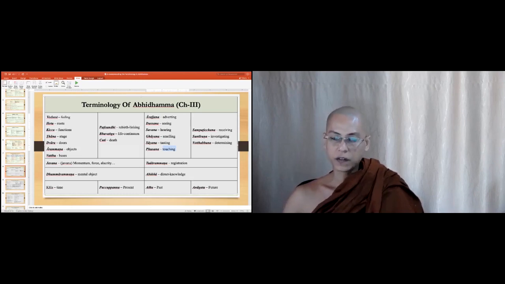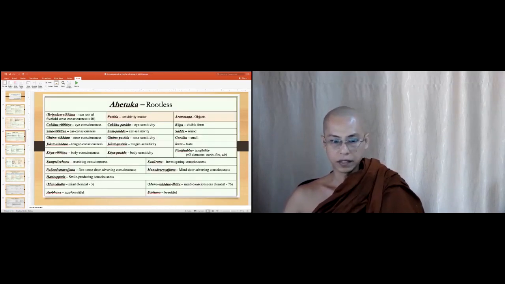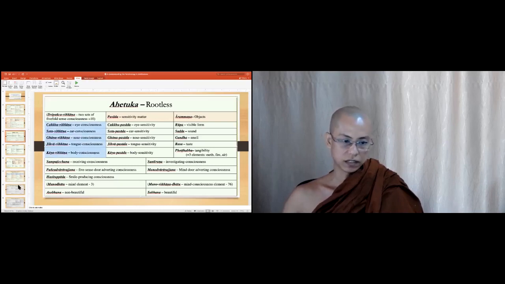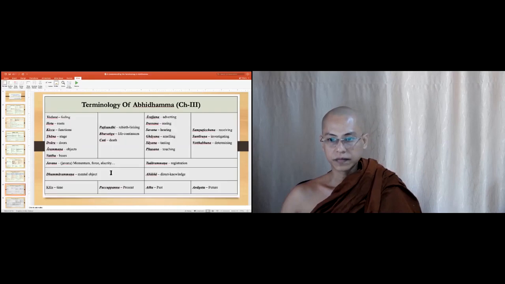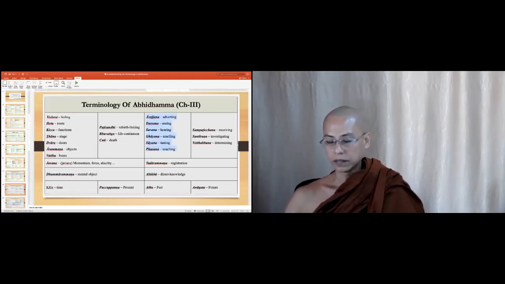These are the functions that you can connect with the Ahetuka, the types of consciousness and their functions. In this way, connecting with the other chapter through the terms makes it clearer and easier. But for the first time, it will become complicated for you. Many terms come together at the same time, so you don't need to worry.